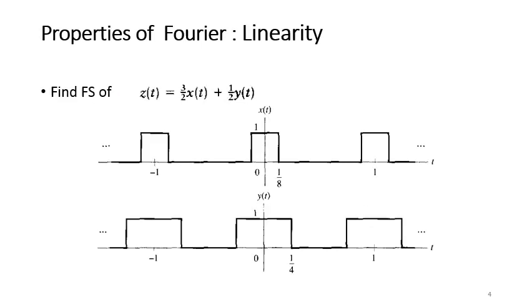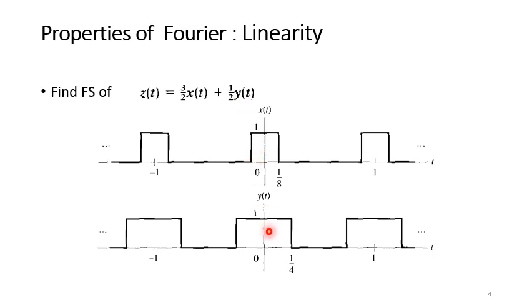Here is the first example, which involves linearity. We have z of t equals 3 by 2 times x of t plus 1 by 2 times y of t. One way to find the Fourier series of z of t is to directly find the resulting signal. In the figure we are given the two signals which are to be added: 3 by 2 times x of t plus 1 by 2 times y of t.